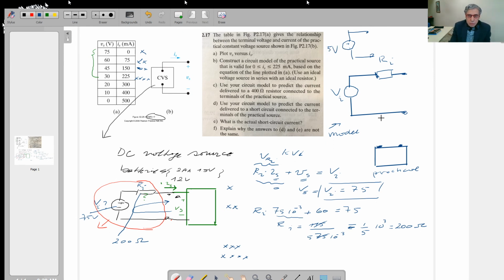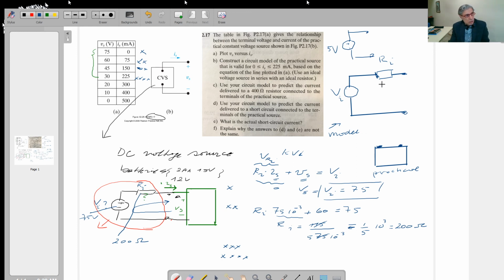Now, how does this practical element's quality become almost equal to the ideal element? To answer that question, if this Ri value is as small as possible, in the ideal case, if Ri is equal to 0, that means Vi is going to be directly the independent voltage source, isn't it?